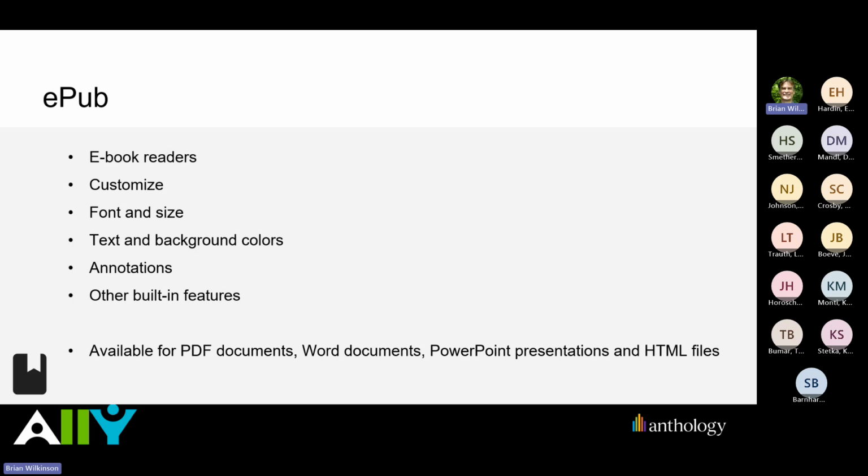You'll be allowed to highlight the information, take notes, set bookmarks, and things like that. I have a free EPUB reader that I'll show you in a few minutes that does a lot for free, which is great. And the EPUB format is available for all the different document types that Ally supports: PDF, Word, PowerPoint, and HTML.